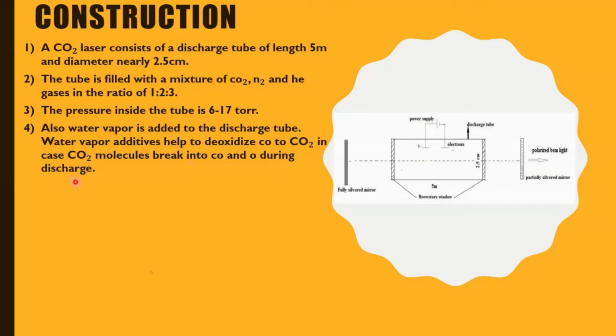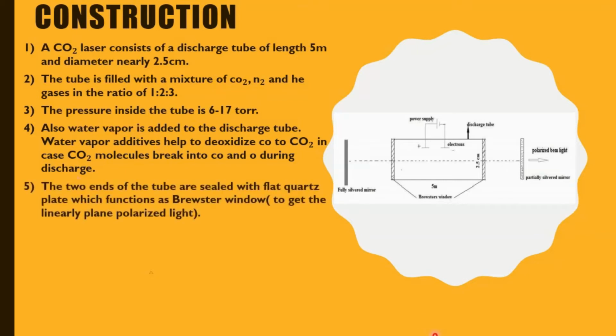So basically water vapor additives help convert CO, that's carbon monoxide, to CO2. Whenever the discharge happens, CO2 breaks into carbon monoxide and oxygen. That's why we add water vapor in the discharge tube.